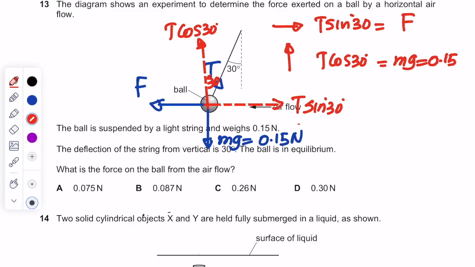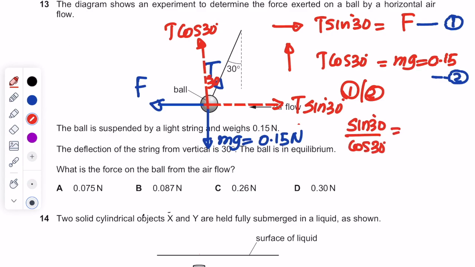Let's take these two equations as equation 1 and equation 2. If you divide 1 by 2, sine 30 over cos 30 is F over 0.15.